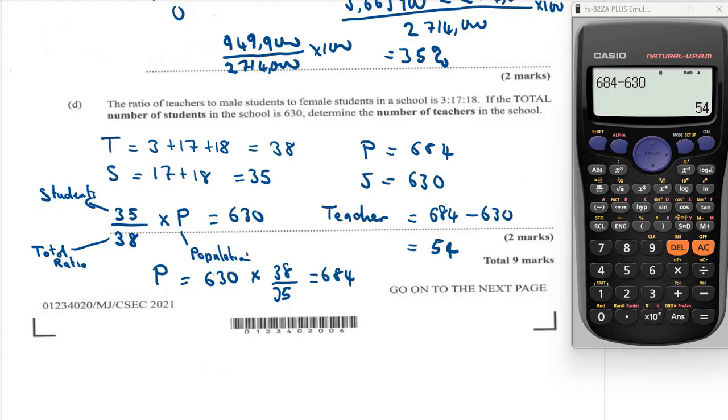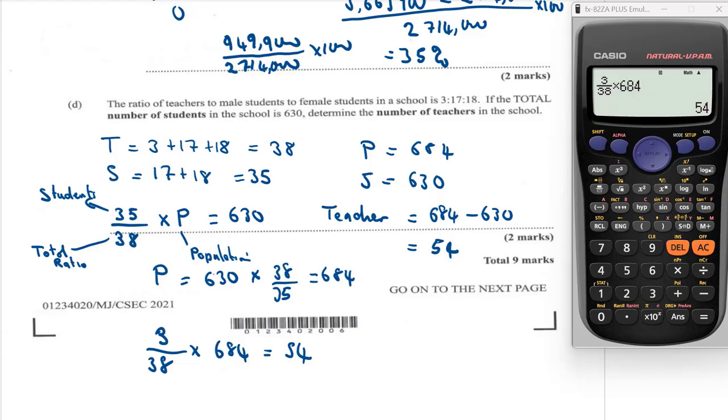We could also work this out another way. We could say, what is the ratio of teachers? That is 3 over 38 times the population, 684. Let's put this in our calculators: 3 over 38 times 684, and that gives us 54 as well.